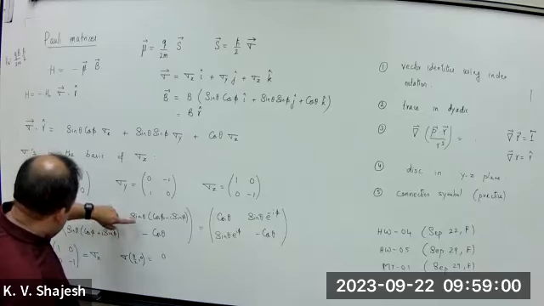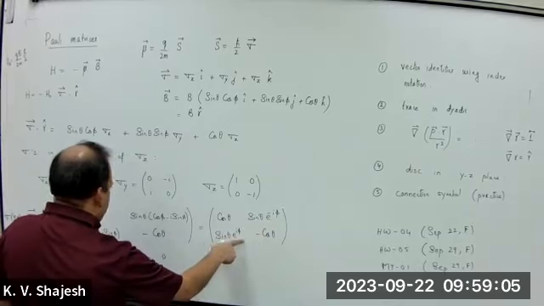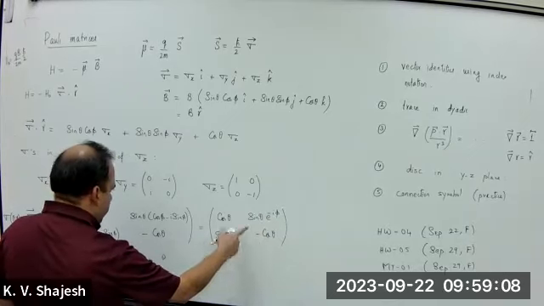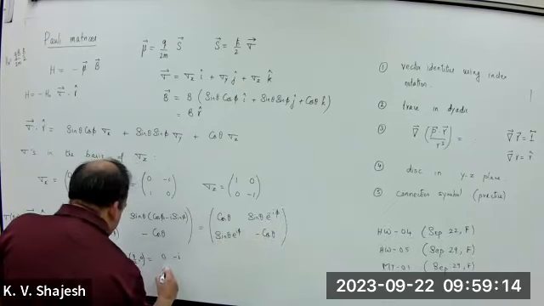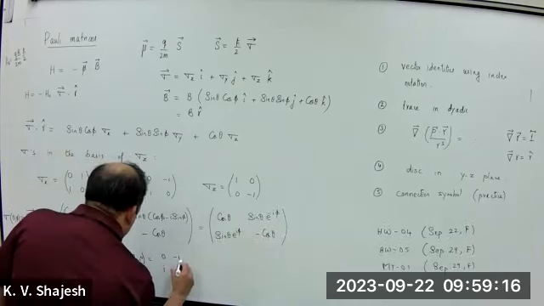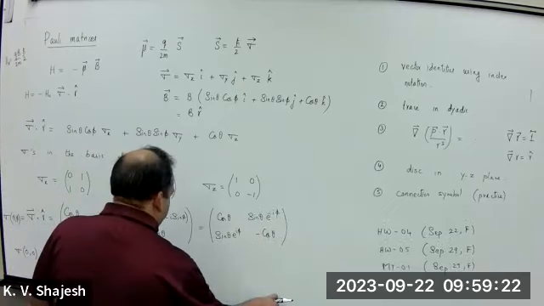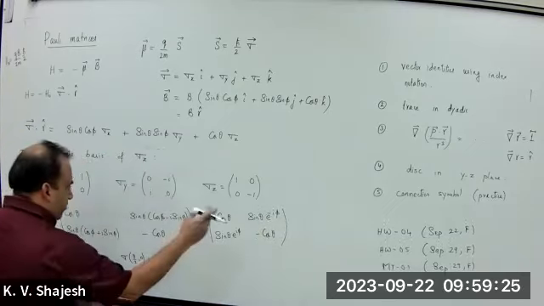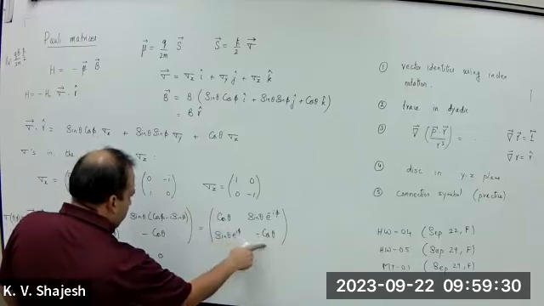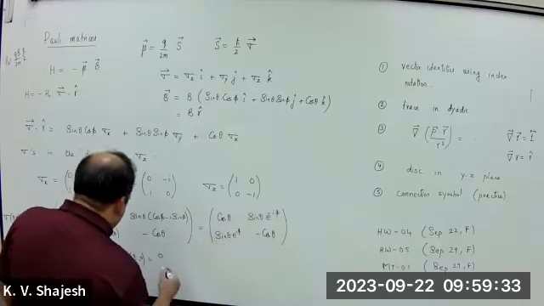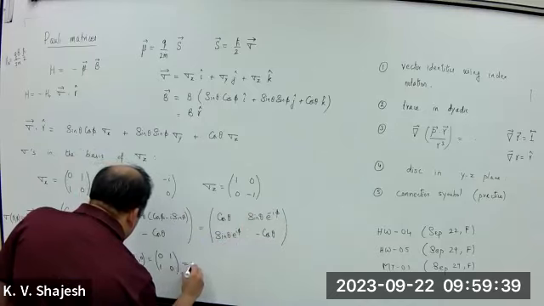So this is 1, and e raised to i phi, with phi equal to 0, gives 1. So this is 0, that's 0 again. Sine theta is 1 and phi is 0, so that's 1 and 1, which is nothing but sigma x.